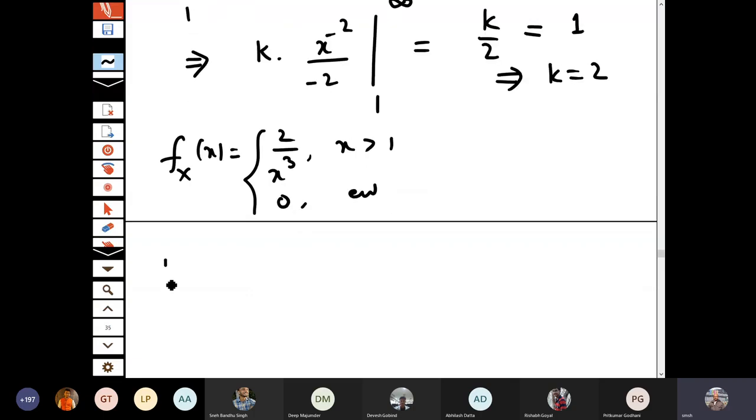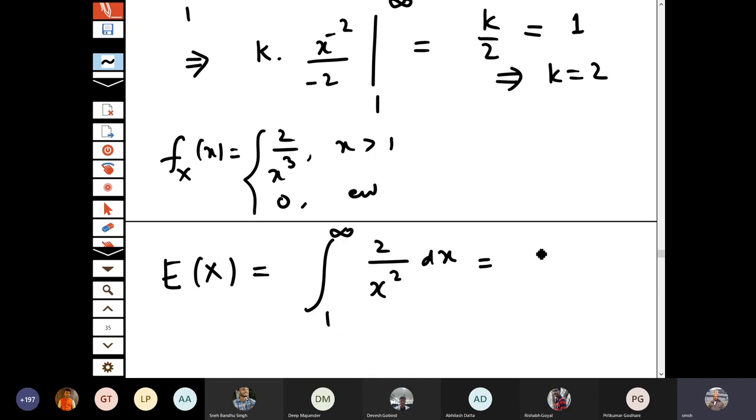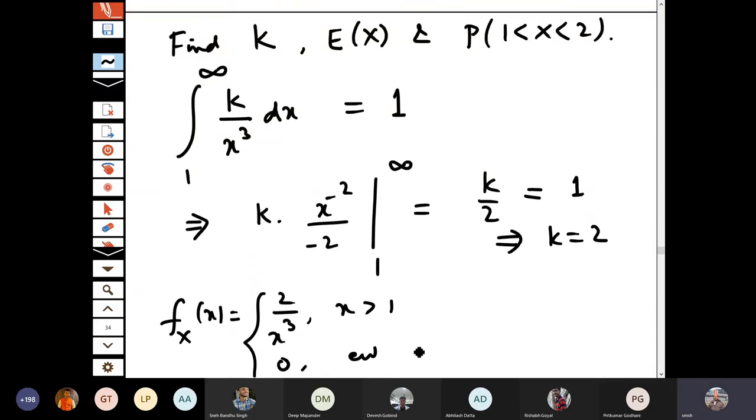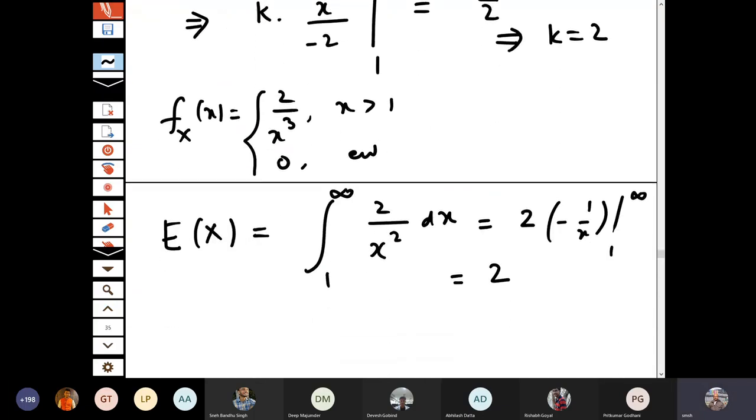So what is expectation of x? Expectation of x will become integral of 2 by x square dx from 1 to infinity. This of course you can evaluate easily. So it is 2 and the integral is minus 1 by x from 1 to infinity. So that is equal to 2. So here the mean value is 2. Or you can say, if I am considering the density 2 by x cube, it will be something like this.